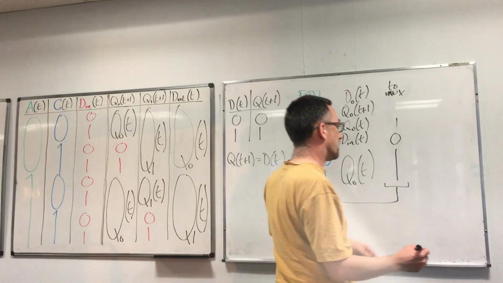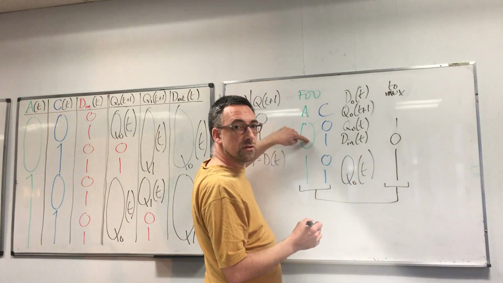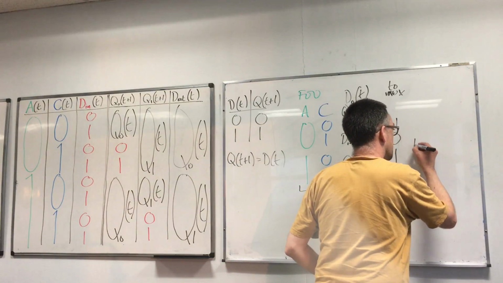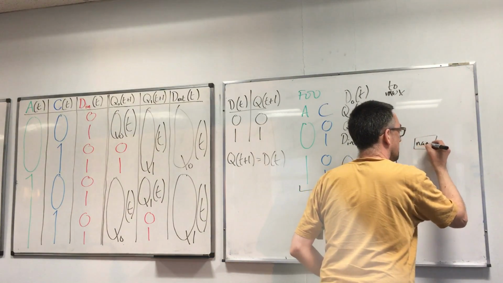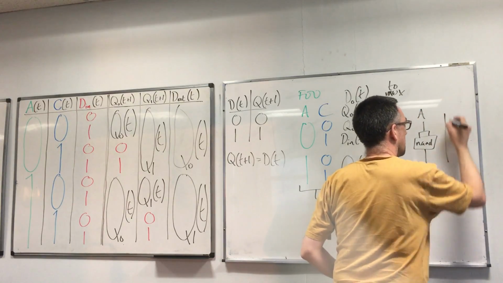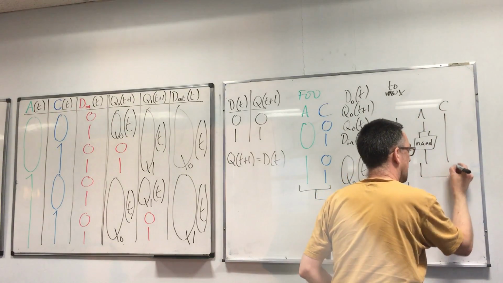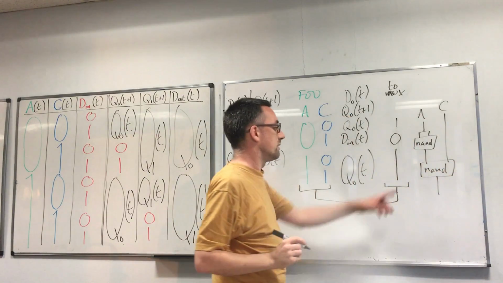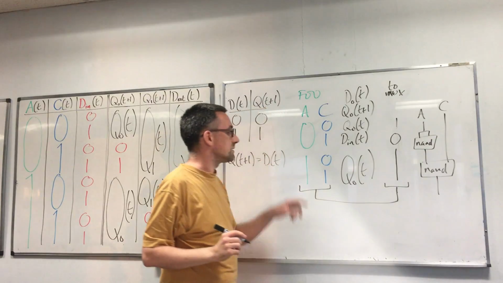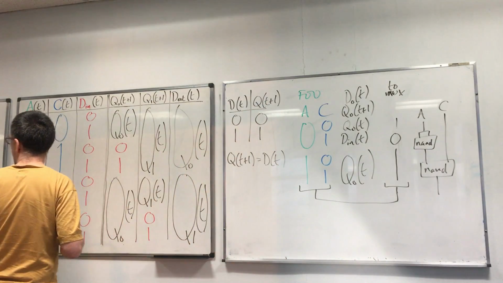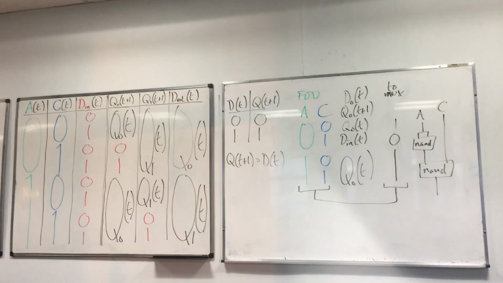We need to make sure that we're not on this line. And that means we need to make sure that A is 0. We're detecting if A is 0 and C is 1, and then negating that situation. So we figured out what foo is.